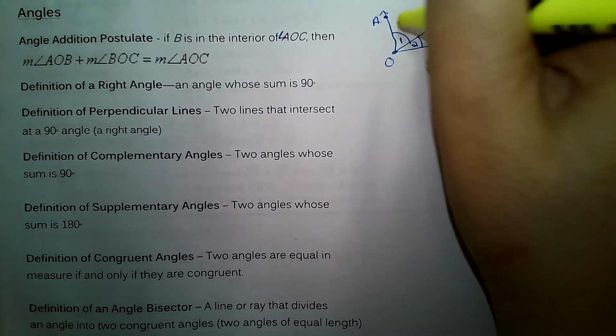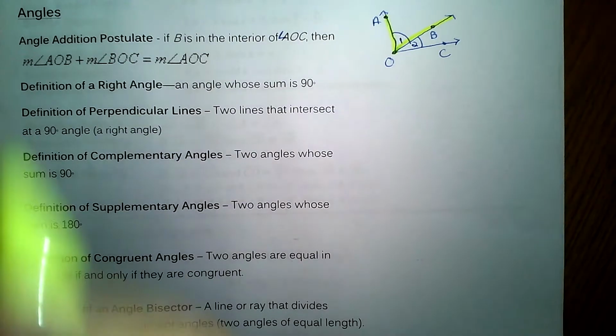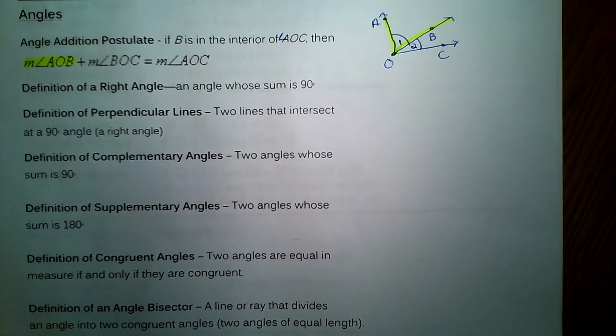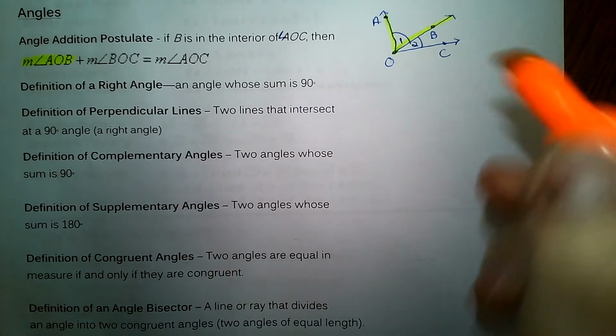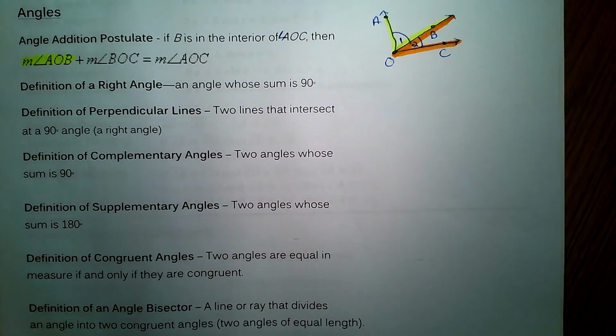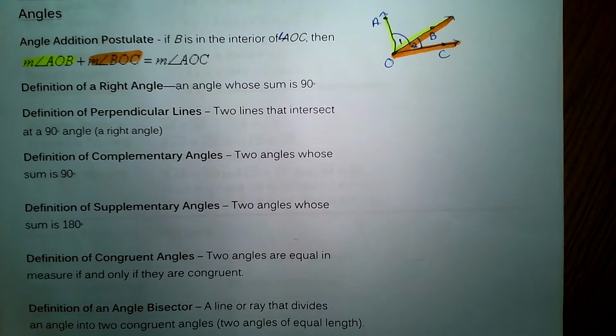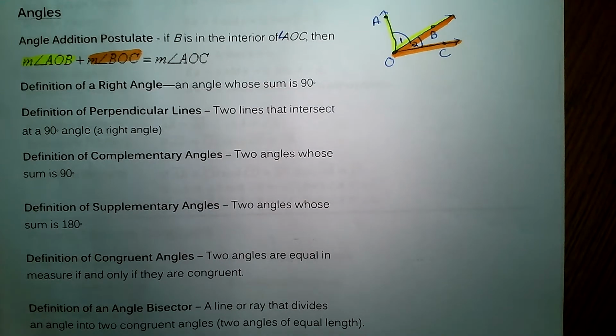So the measure of angle AOB, plus the measure of its adjacent angle right beside it, BOC, adds up to the full angle, AOC. That is your angle addition postulate.